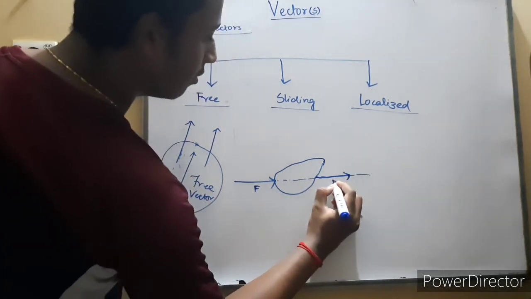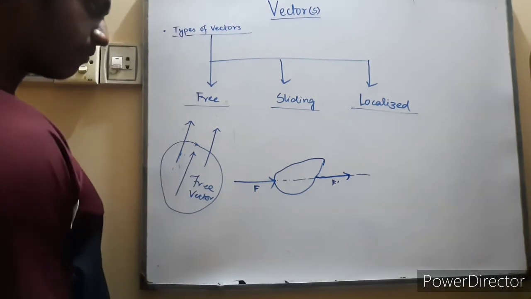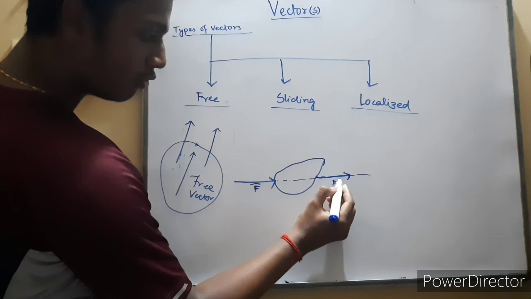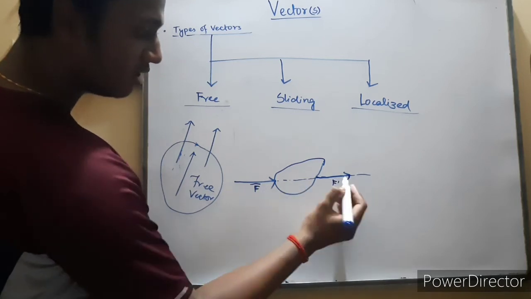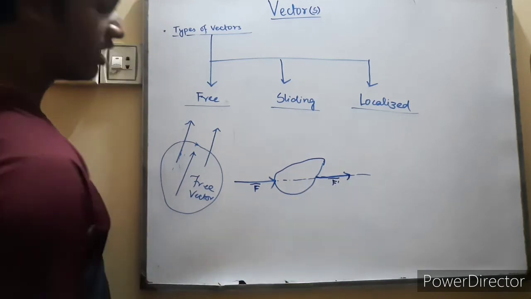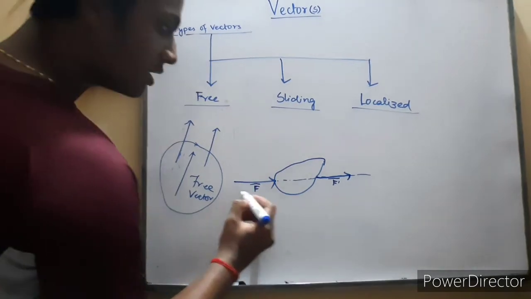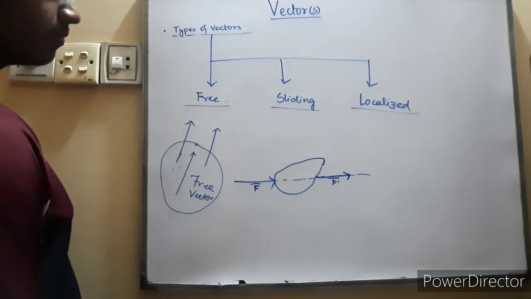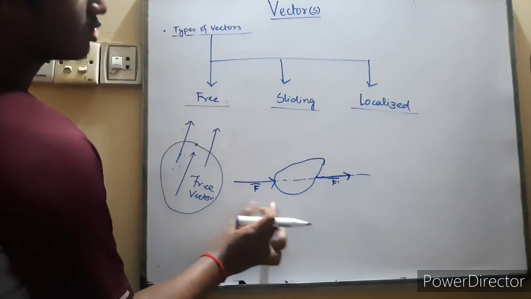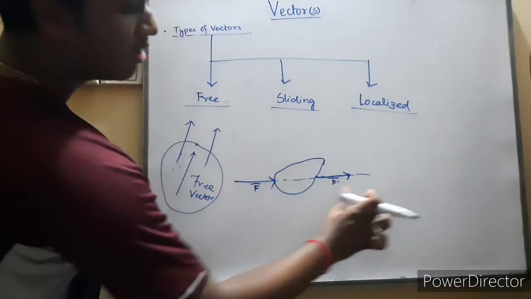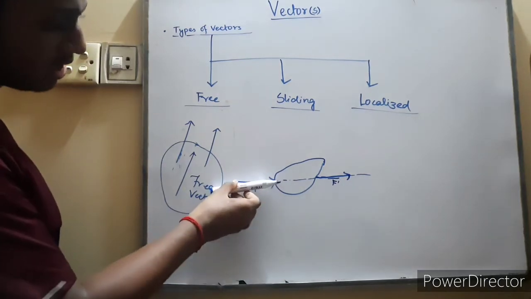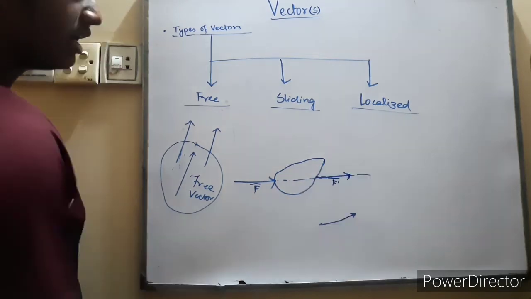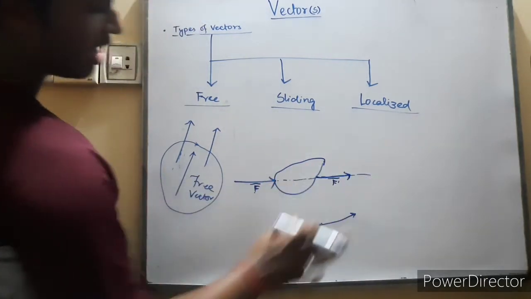Suppose this is F dash. F is a vector. F dash is also a vector. They are acting on the same straight line and have equal magnitude. So this type of vector is called a sliding vector, which can be slid. This vector can be slid only along the same line. It cannot change the direction. It has to be on the same straight line.